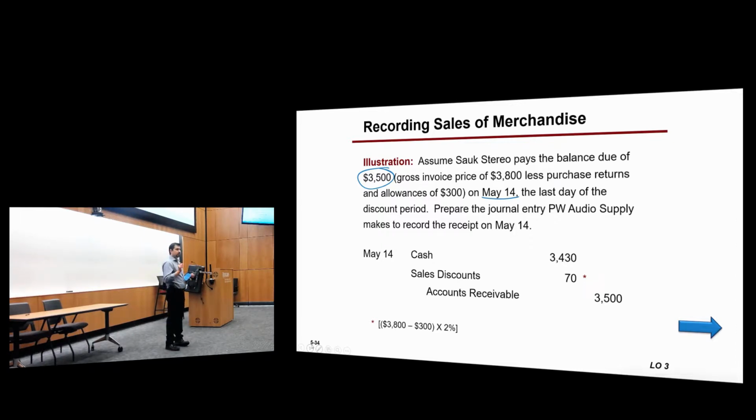You remember that? 70 is simply 2% multiplied by 3,500. So the company would receive the cash minus the discount. In this case, the company will use sales discount.